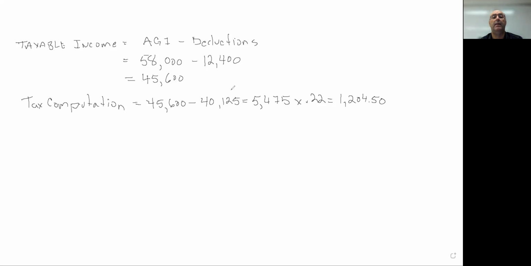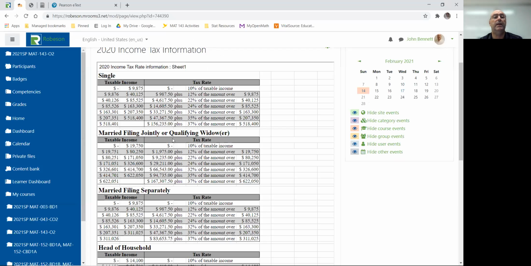But we also have to pay the taxes on the first $40,125, and that was the amount that we had in the table. If we go back and look at the table again, we can see that we need to add $4,617.50 to that amount.